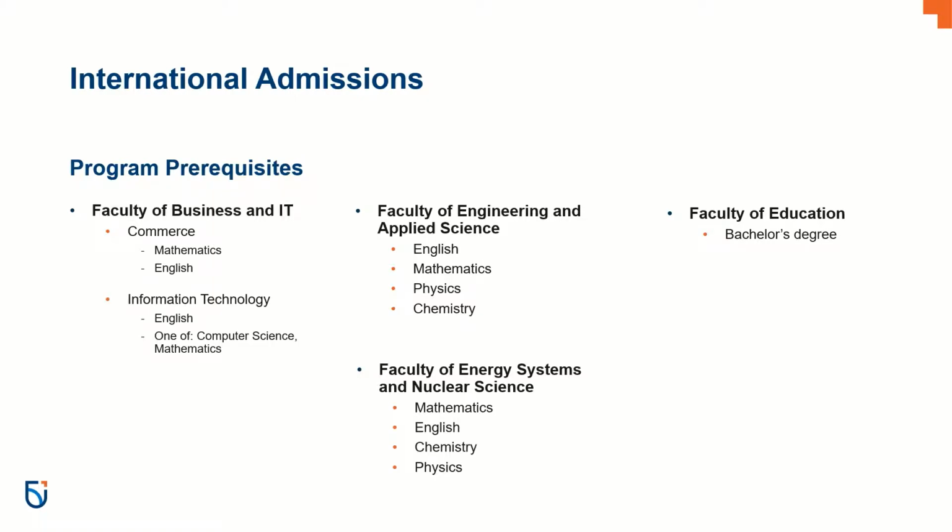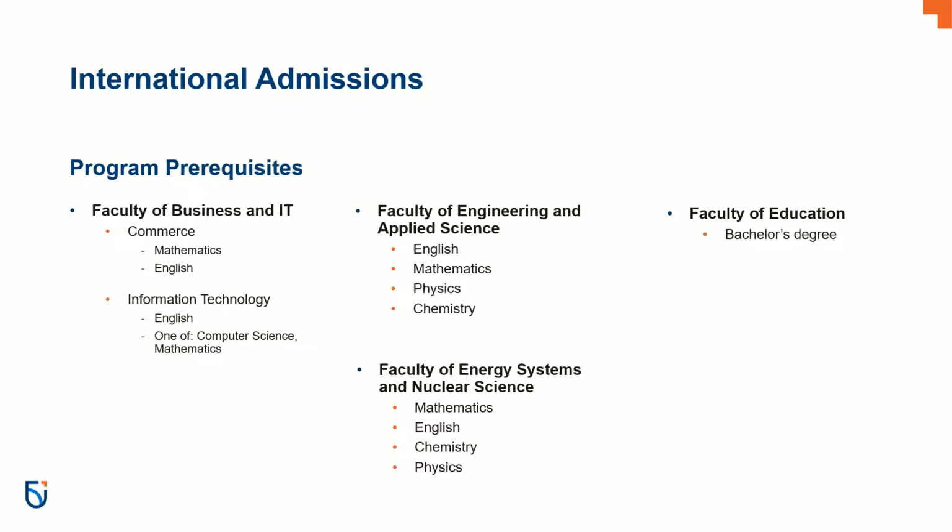As was previously mentioned, each program has specific subject prerequisites that applicants must have completed or be in the process of completing. For example, under the Faculty of Business and IT, for our commerce programs, we're looking for mathematics and English. Information technology programs require English and either computer science or mathematics.